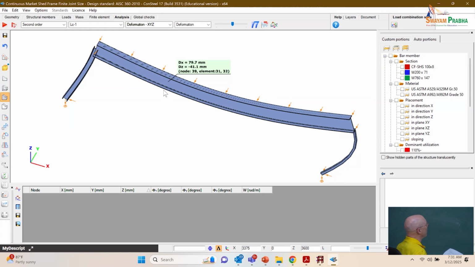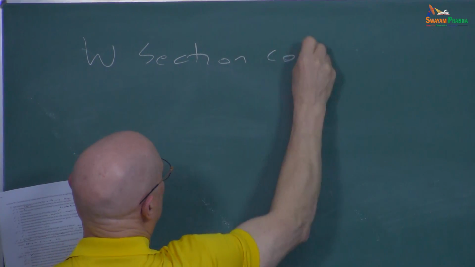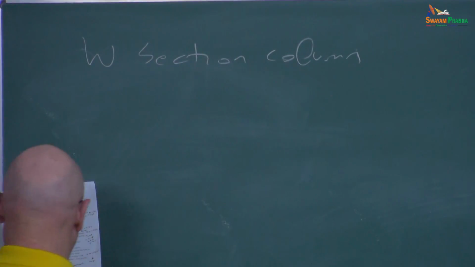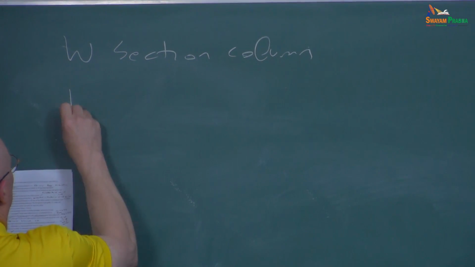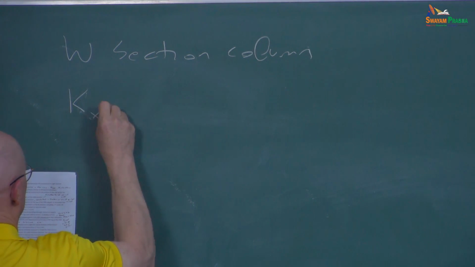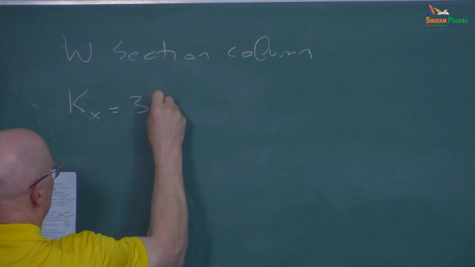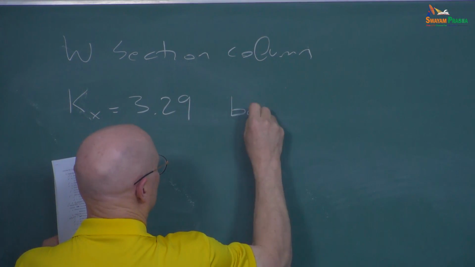without writing all the numbers out, for the wide flange section, the left-hand column, we'll get the effective length factor, Kx, of 3.29.